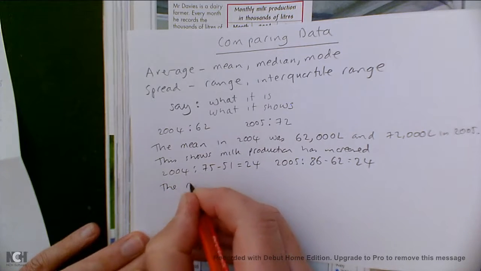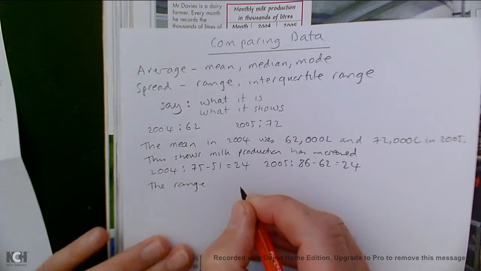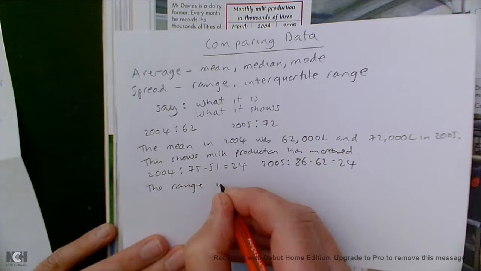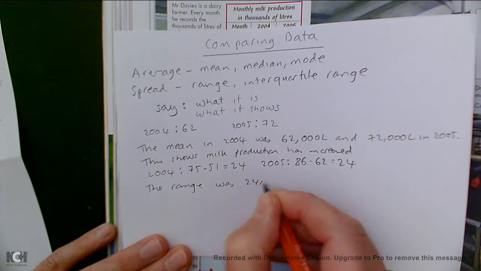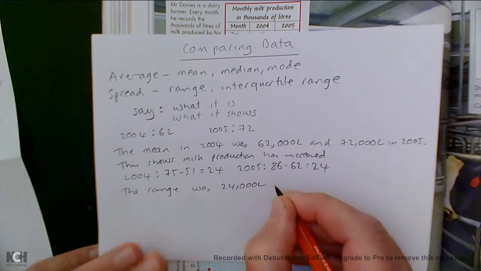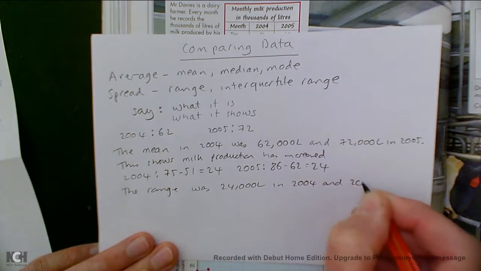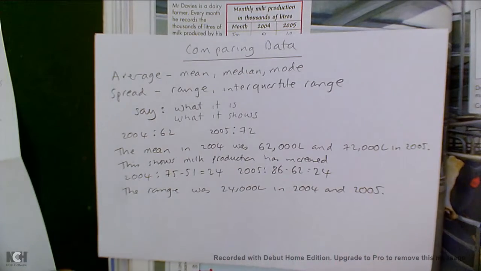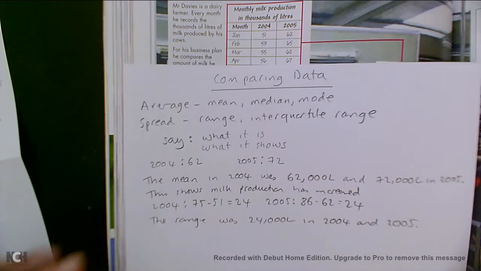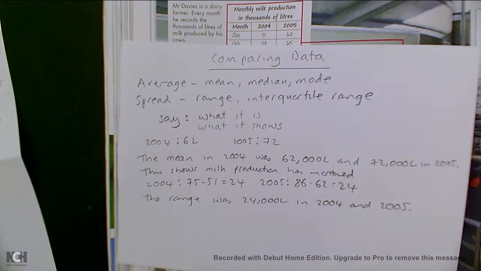So the range was 24,000 litres in 2004 and 2005. Now with range, what the range is telling you is the spread of the data.